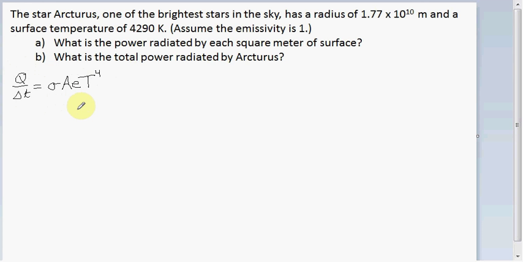Which is actually a pretty good approximation here. There's nothing in a star that's really going to reflect it, which is kind of the other option. And finally this T to the fourth here, that is the temperature, and of course this has got to be in kelvins.